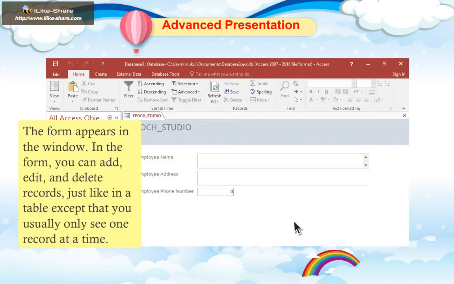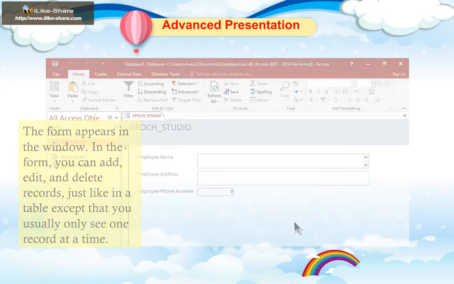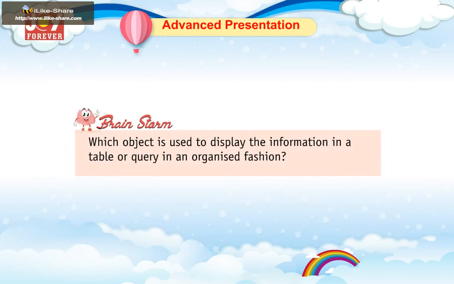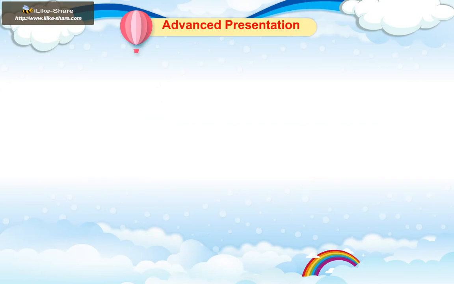In the form, you can edit, add, and delete records, just like in a table, except that you usually only see one record at a time. Brainstorm: Which object is used to display the information in a table or query in an organized fashion?